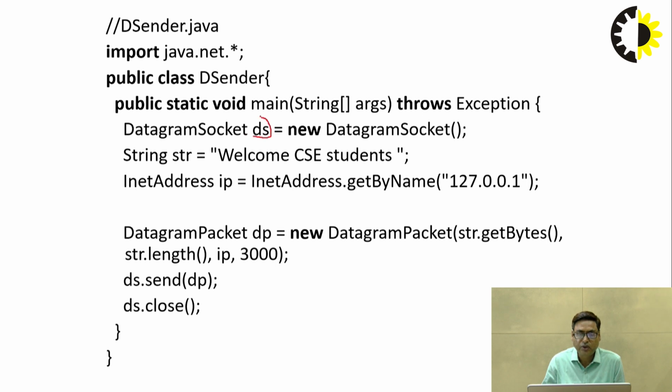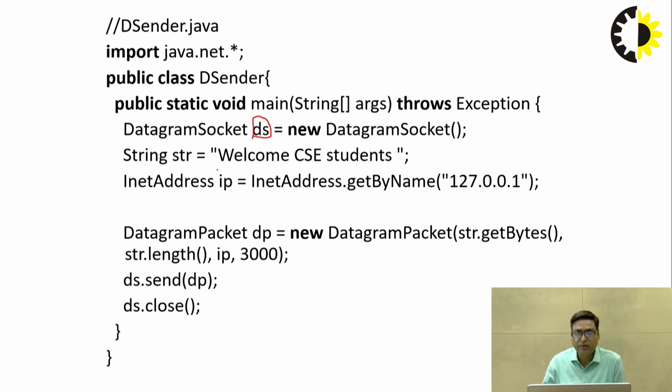Whenever you want to send a message to the client, you need to create a socket. This time we are using the DatagramSocket class, meaning we are going to create a connectionless communication, that is, message delivery is not guaranteed. Earlier we used only the Socket class, where message delivery is guaranteed. In this case, message delivery is not guaranteed.